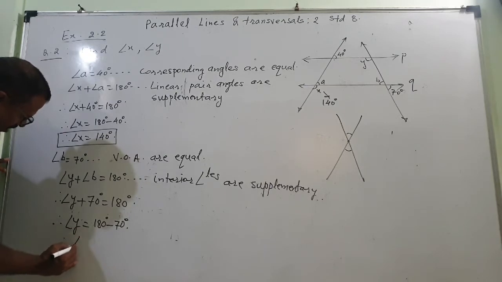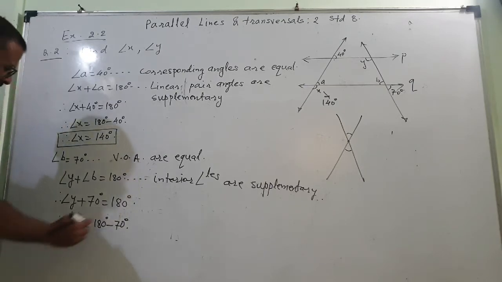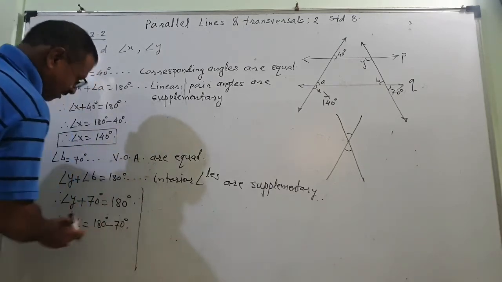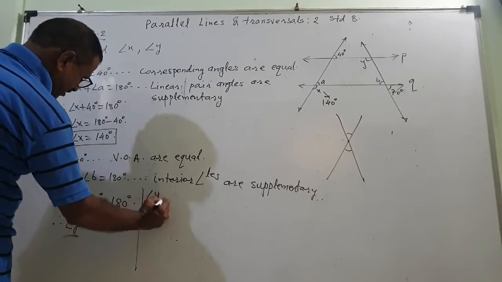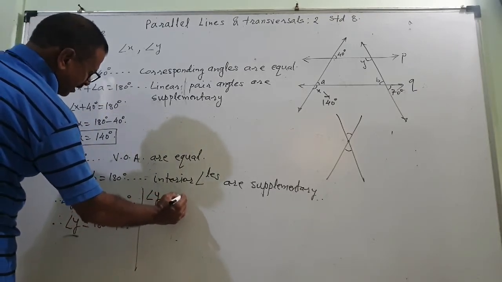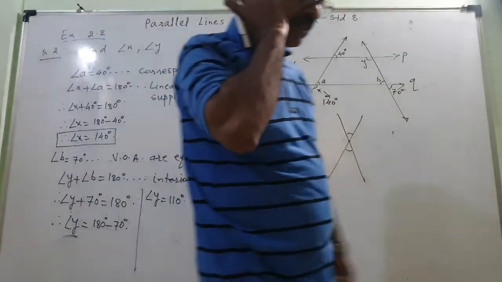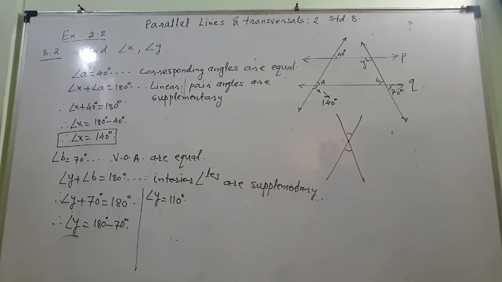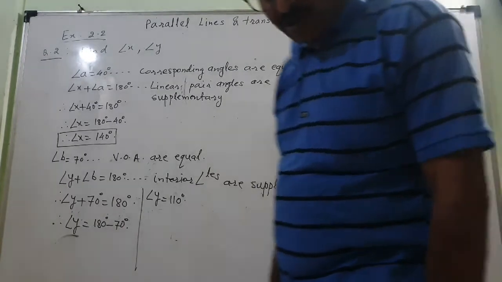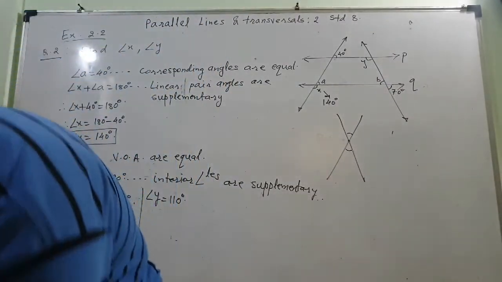Therefore, angle Y, I don't know whether you can see this, I will write here. Therefore, angle Y is equal to 110 degree. Let me see whether this is in your perspective or not. Yes, you can see it. So this way we have completed this question also.